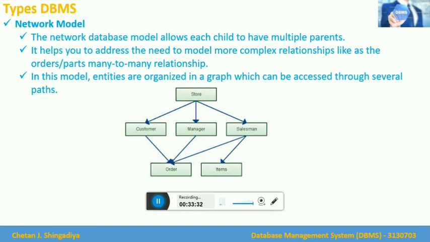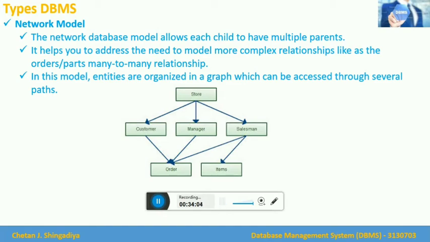In hierarchical DBMS we have seen that each child has one parent, but in network DBMS each child has multiple parents. So here you can see in this diagram each child has multiple parents. It helps you to address the need to model more complex relationships, like the order parties, many to many relationships, and so on.